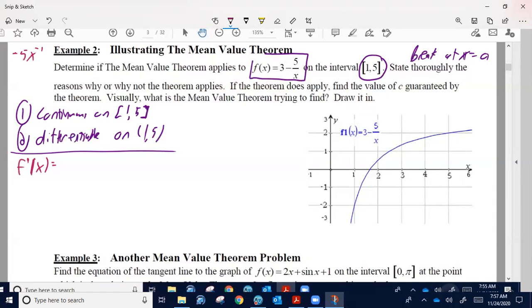I'm going to write it as negative 5x to the negative first power. Negative 1 comes to the front, makes it a positive 5. Drop that to a negative 2. 5x to the negative 2 means the derivative is 5 over x squared.